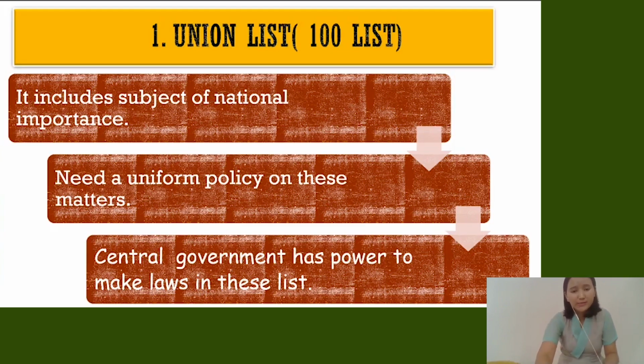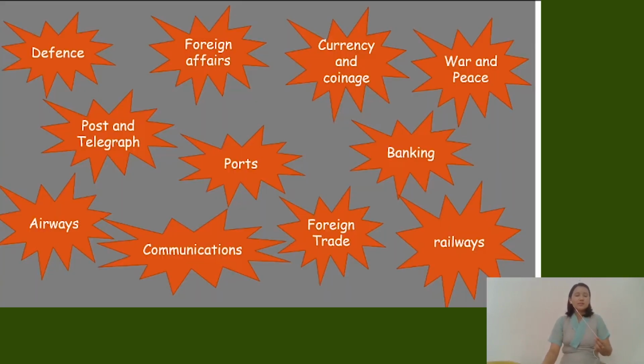Some examples of the Union list are defense. When it comes to defending and protecting our country, the central government has the power to make a law because this deals with the entire country. And foreign affairs, right?